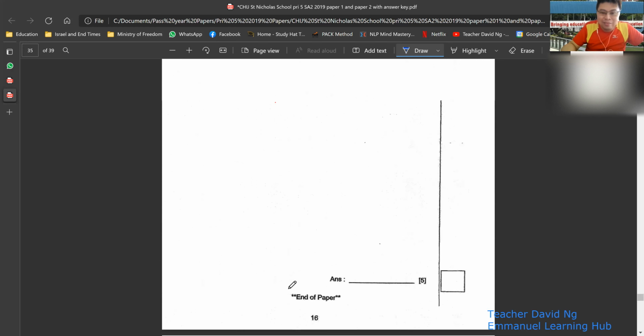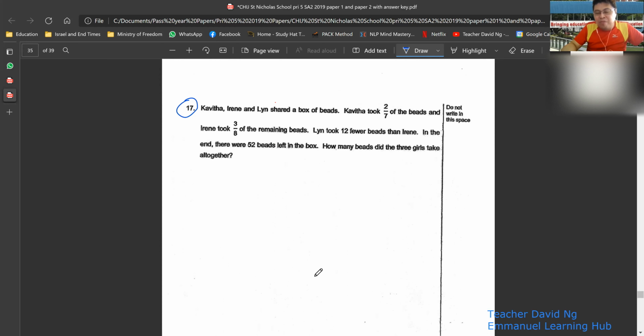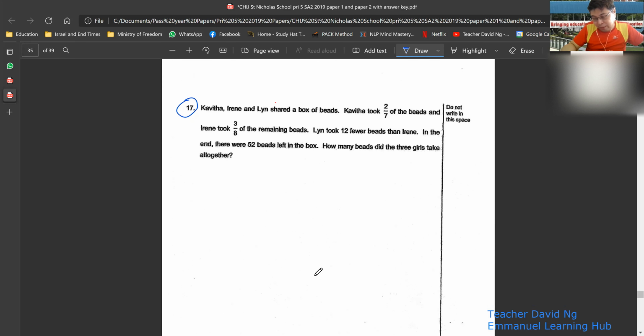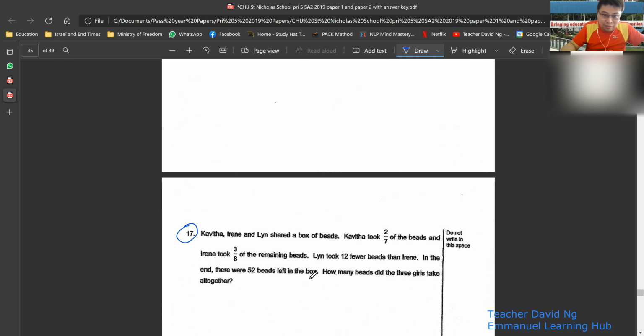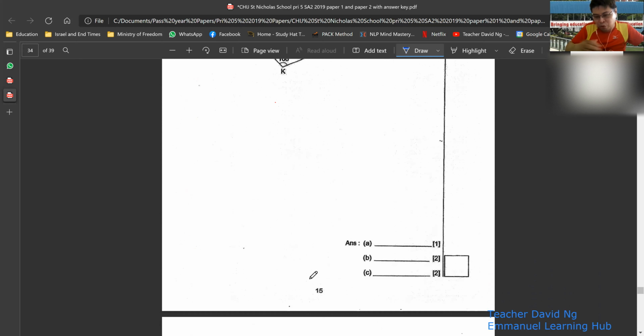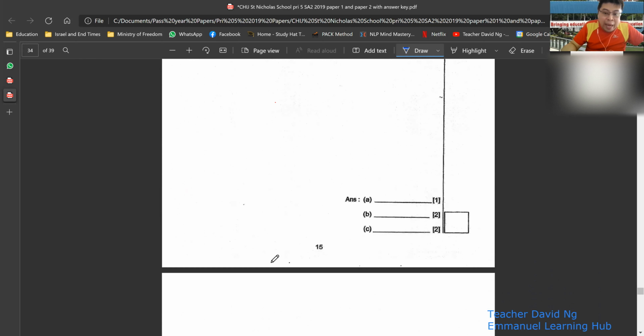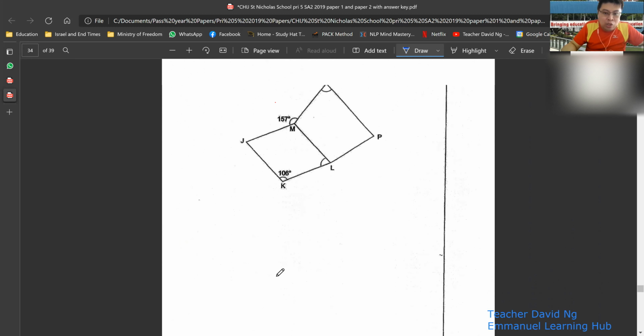Agree? So even if you can't check all the 5 marks questions thoroughly, at least you manage to check one of the questions. So that would have helped you also. So minimum, you aim to check all the 5 marks questions thoroughly.